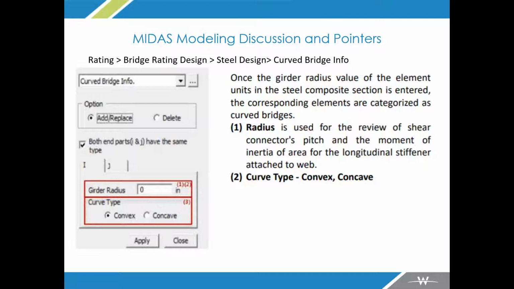There are some parameters in code around if you hit certain radii that you need to incorporate different things. It's very similar to the hybrid girder factor. So just be aware of it. You'll need to input it. It's not a big deal, but it's mainly just affecting that capacity side, not the actual analysis.